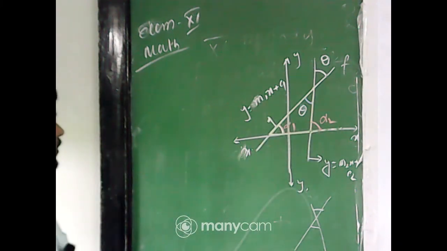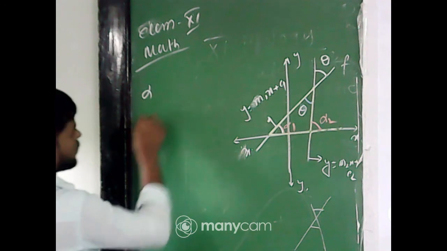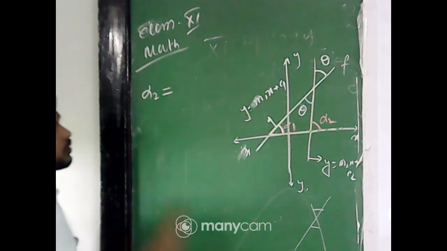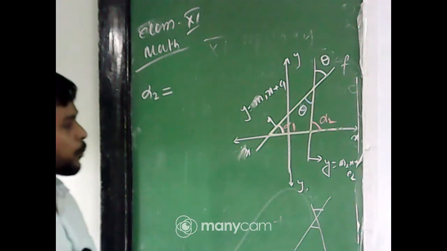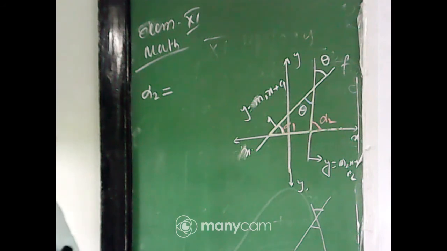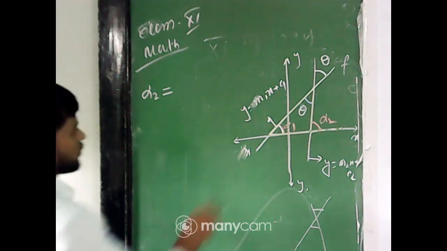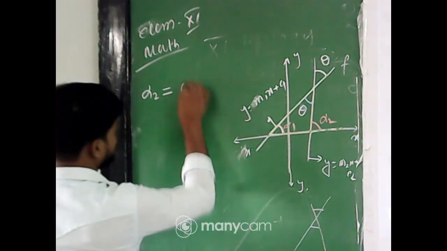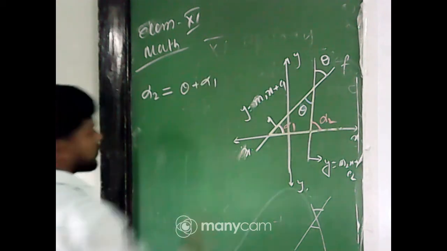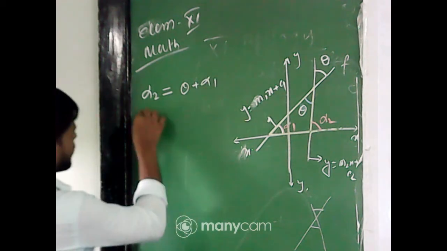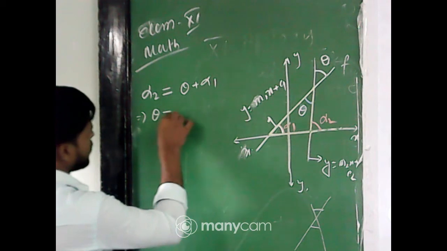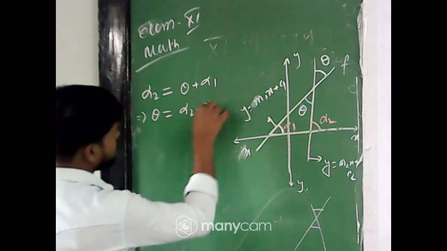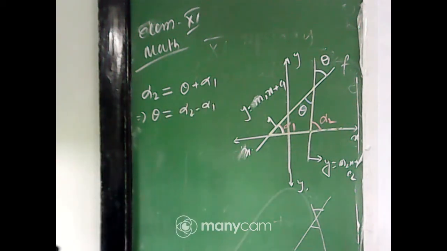So we know that the exterior angle is equal to the sum of the opposite interior angles, that is alpha 1 plus theta. Now from here we can calculate theta. So alpha 2 equals alpha 1 plus theta, so theta equals alpha 2 minus alpha 1.